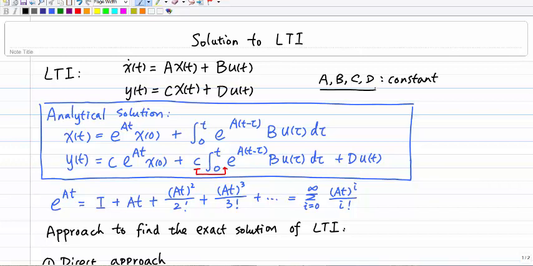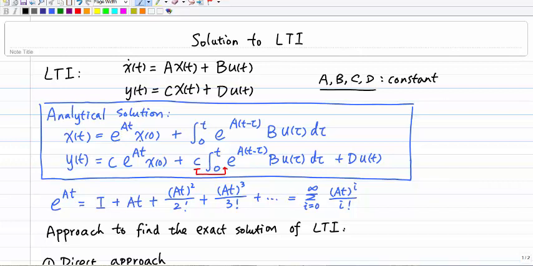Briefly speaking, the analytical solution to the linear time invariant system can be written this way. You can find the exact solution, which is given by x(t) equals e to the A t times x0.